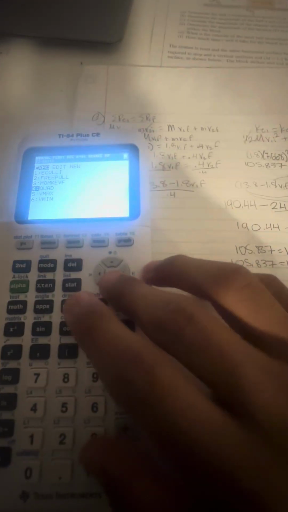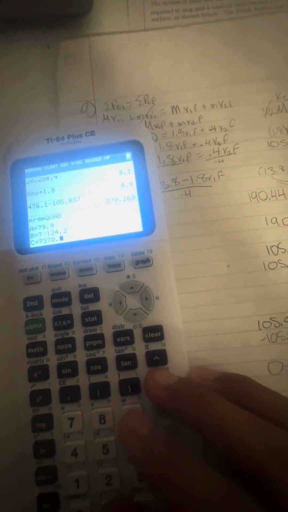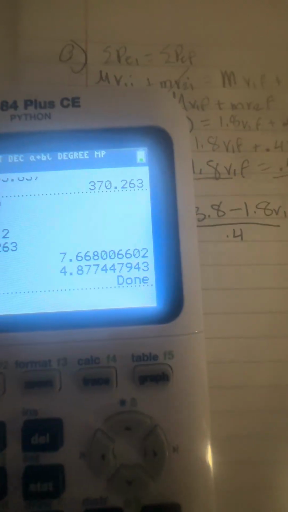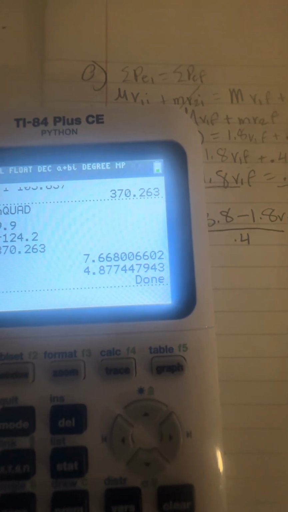So then if we use our quadratic formula on our calculator, we get 7.668 and 4.877.